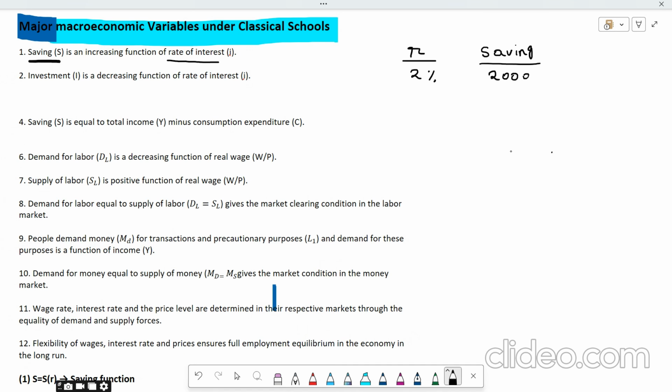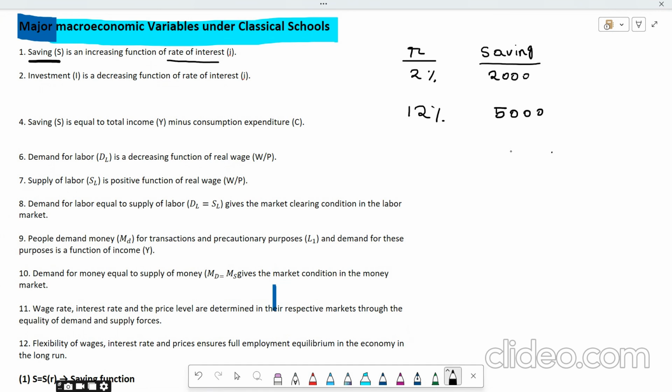If the rate of interest rises from 2% to 12%, I will be saving 5000 rupees in the bank. Obviously, as the rate of interest is higher, I will be saving more.